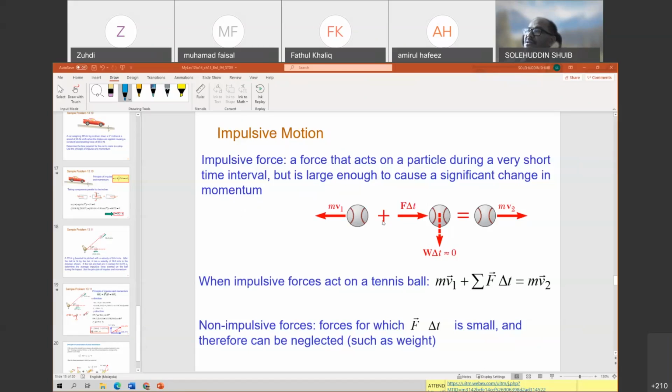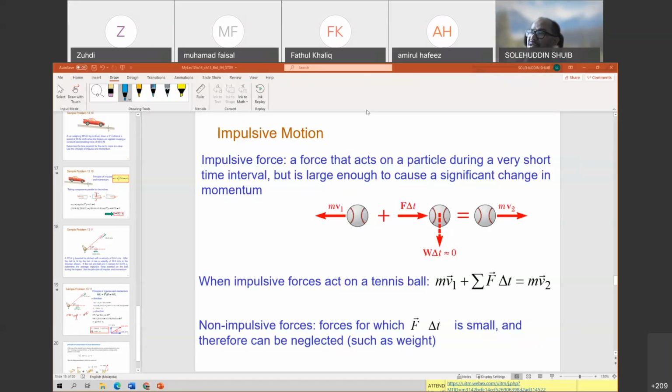Here we have mv1, then F delta t, and then mv2. The impulsive force acts on the tennis ball here.